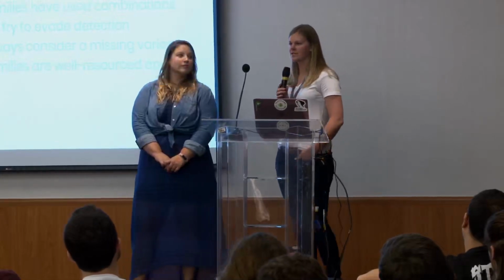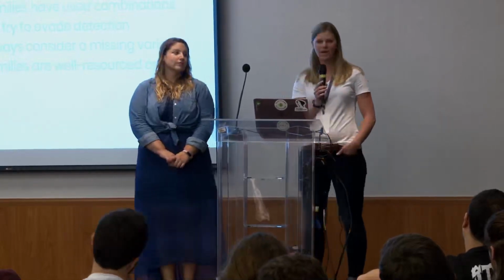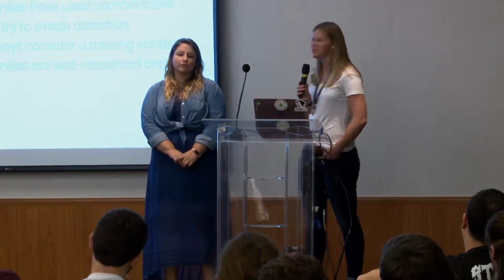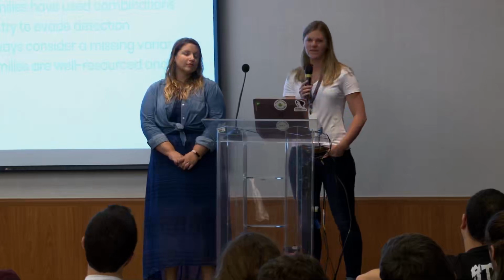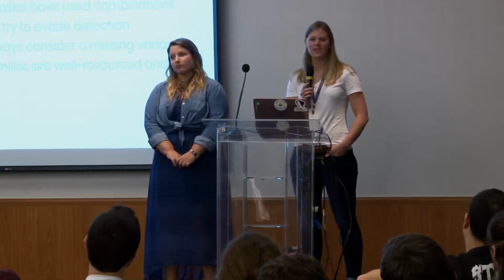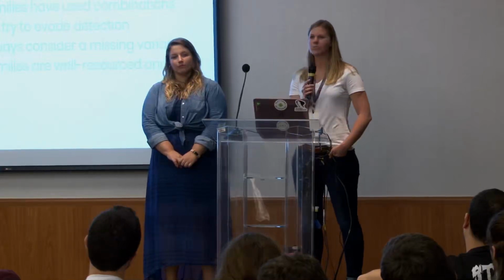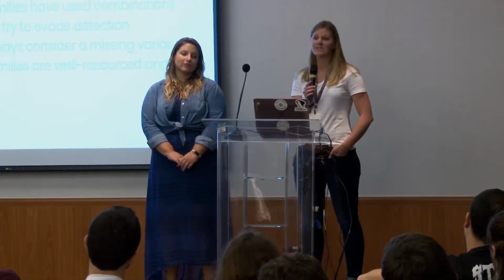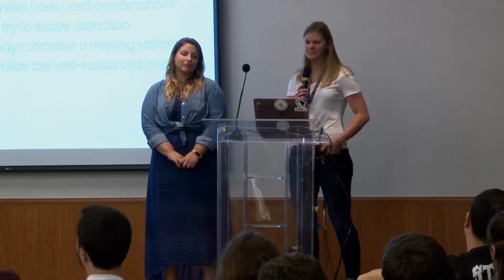Every time we put in detection mechanisms, they try and work them out, they try and evade them. So for us as a community, I think that means we need to constantly suspect that there's a variant we're missing. So whenever you think that you have a family solved, that you have the right detection mechanism, go and broaden your search, look a little bit different for slightly different samples and see if there's something we're missing.